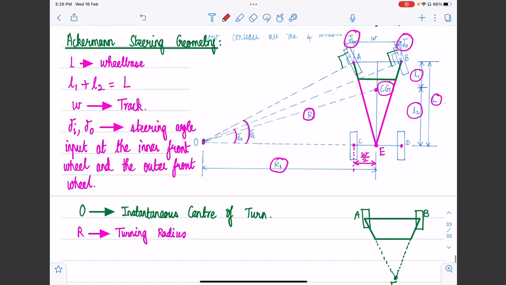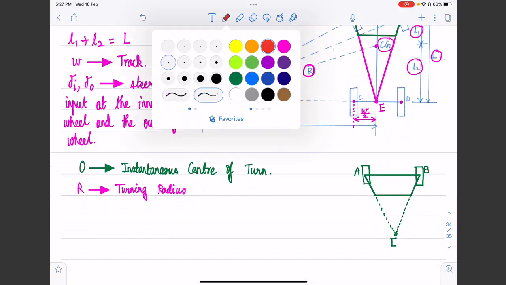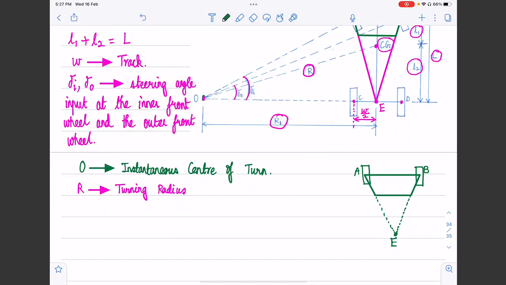So this is the setup. Of course, where do all these things fit in? If we take a macroscopic view and figure out where these things fit in, like we were looking at the lateral dynamics model, we are interested in characterizing the vehicle's lateral dynamics.